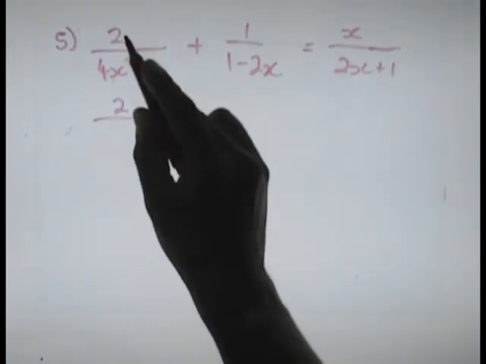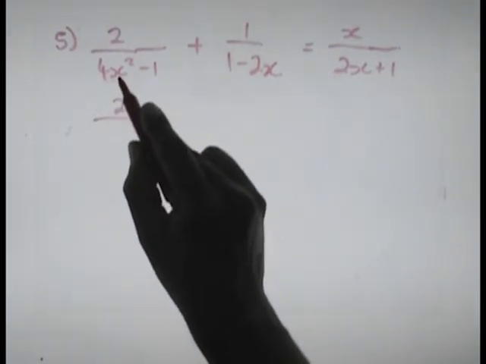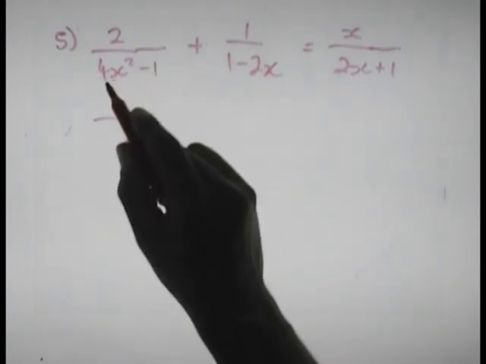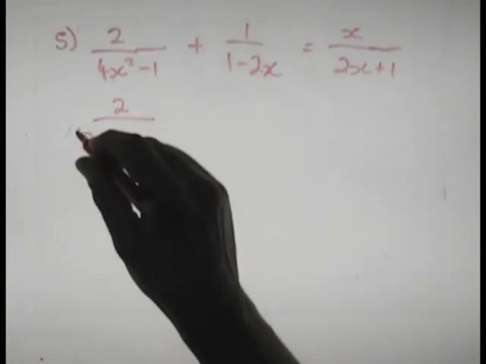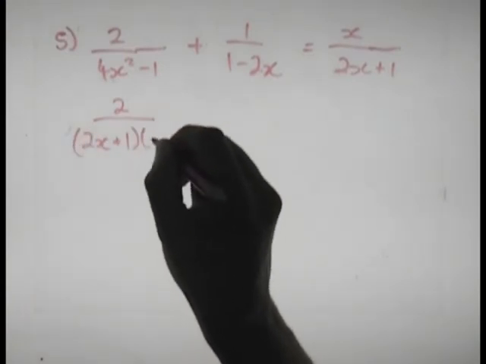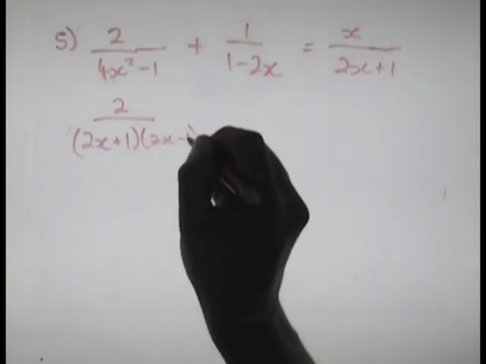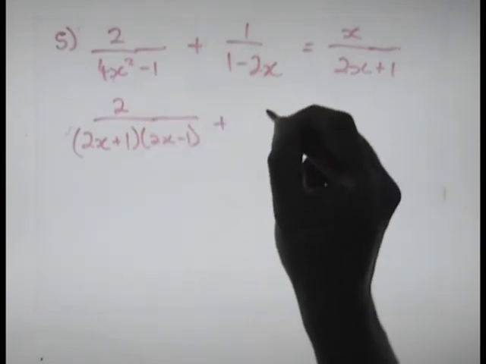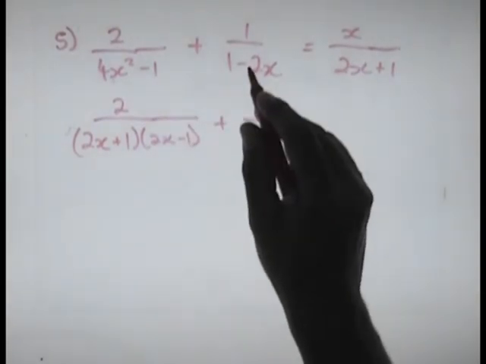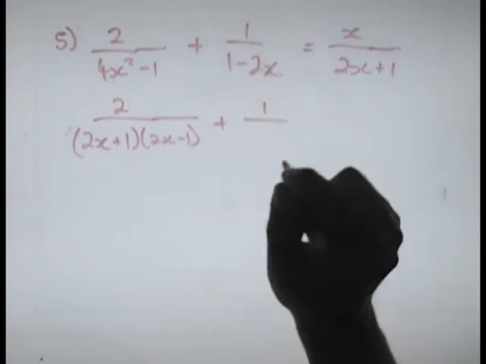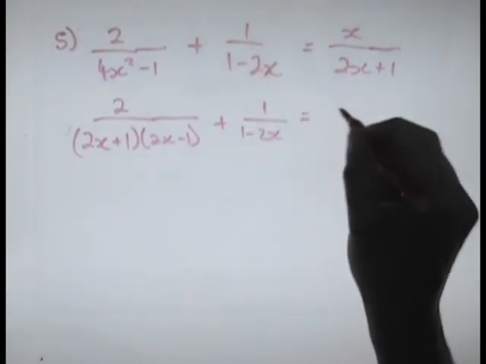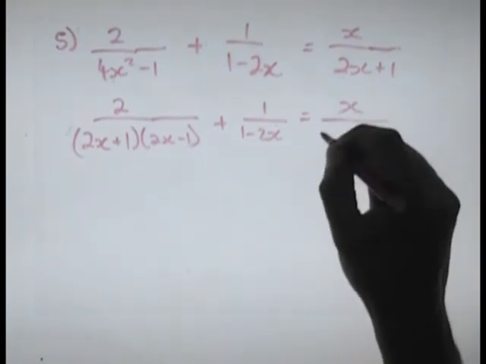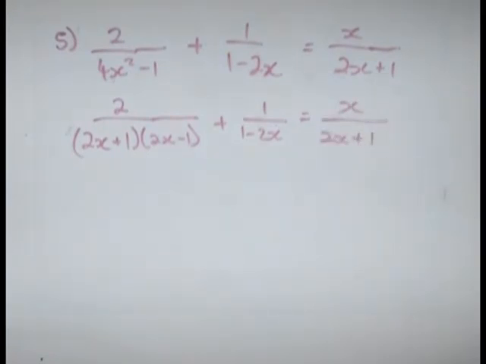This will become 2 over 4x squared minus 1. Isn't this a difference of 2 squares? This will become 2x plus 1 multiplied by 2x minus 1, plus 1 over 1 minus 2x. Let's leave it as is for now, but we are going to change that. Is equal to x over 2x plus 1.